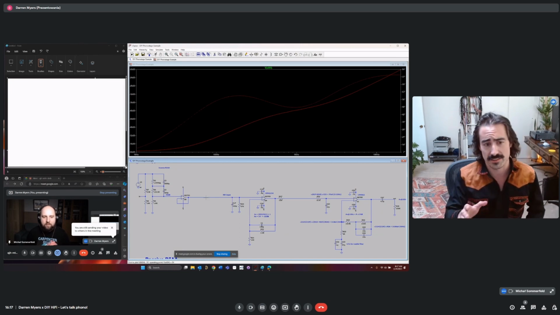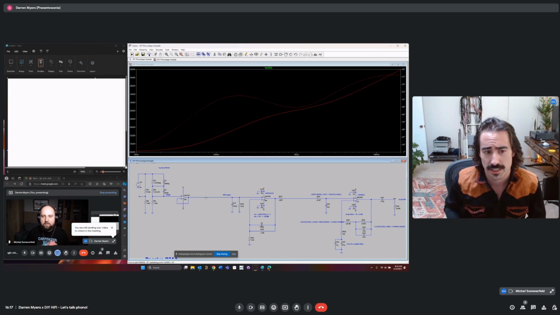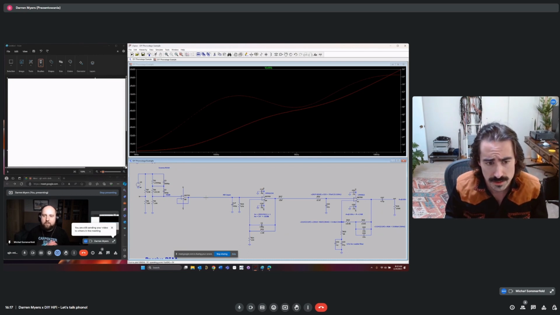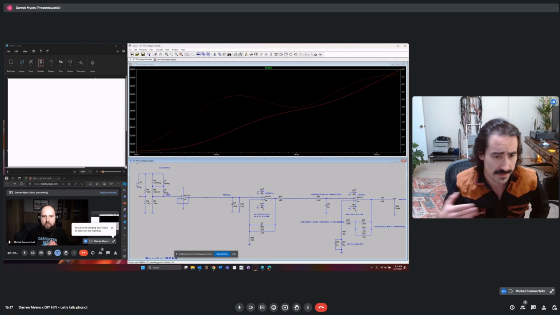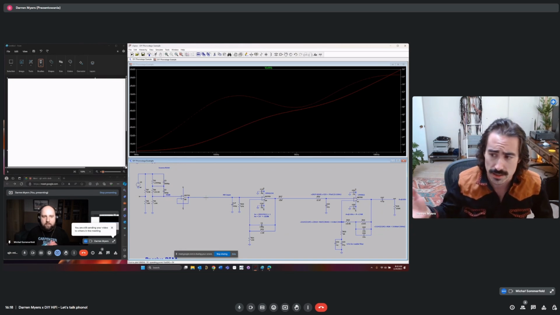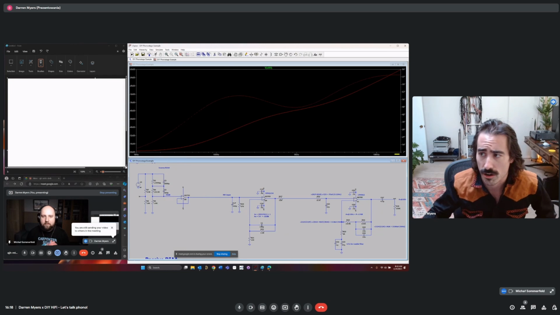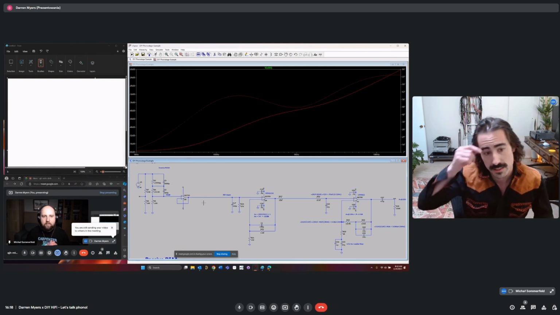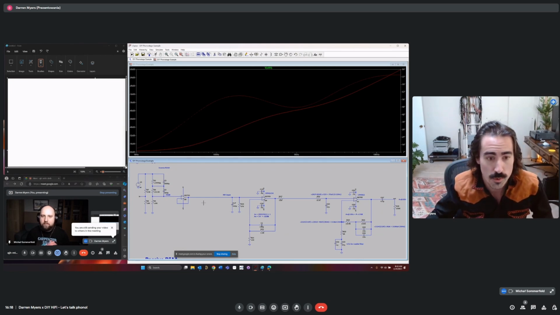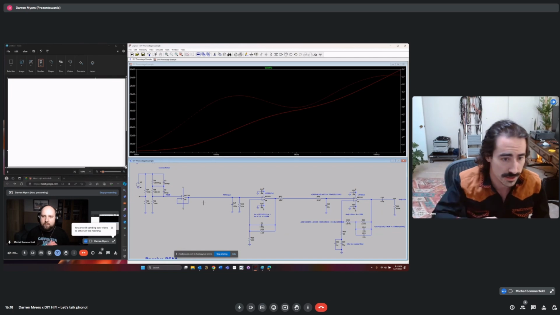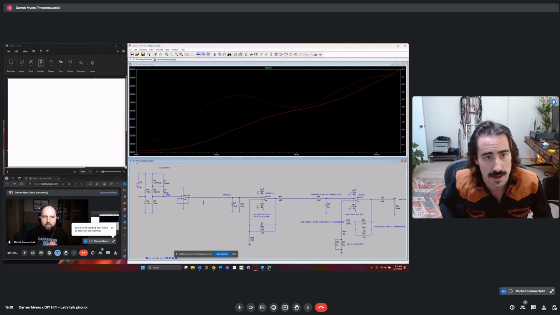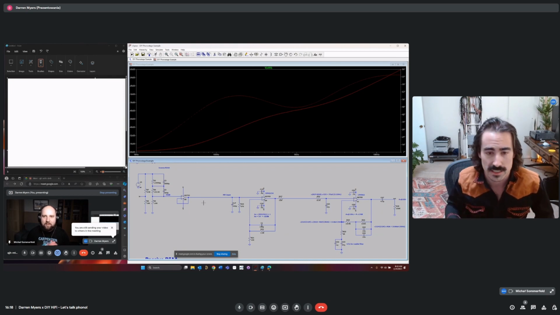So if we look at the signal coming out of the cartridge, we see that the lower frequencies are massively attenuated and the upper frequencies are elevated. The span of this curve is roughly 40 dB from the top to the bottom. You can see that at the top we have negative 20 dB, at the bottom roughly negative 60 dB, a span of 40 dB.